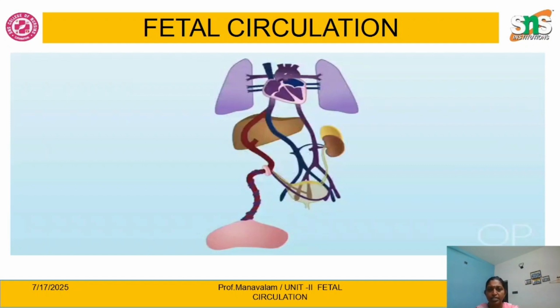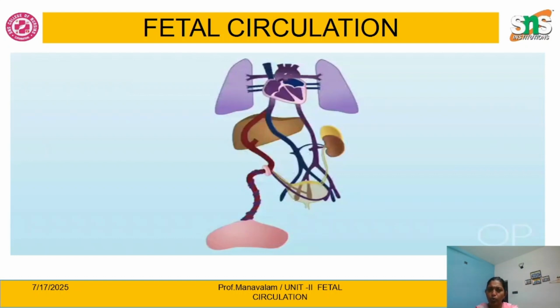From that, it is collected through the pulmonary artery, comes down and enters into the umbilical artery. This umbilical artery collects the deoxygenated blood and enters into the placenta. From the placenta, it enters into the maternal circulation.